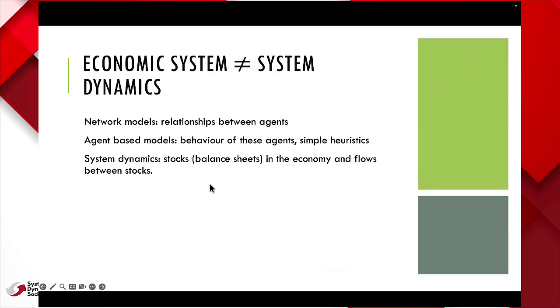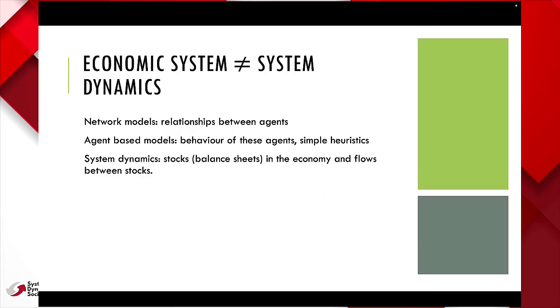Then, last but not least, an economic system is not the same as system dynamics. I know that there are researchers who have tried to capture macroeconomics in a system dynamics model, but I think it's important to realize that economics is a social science.